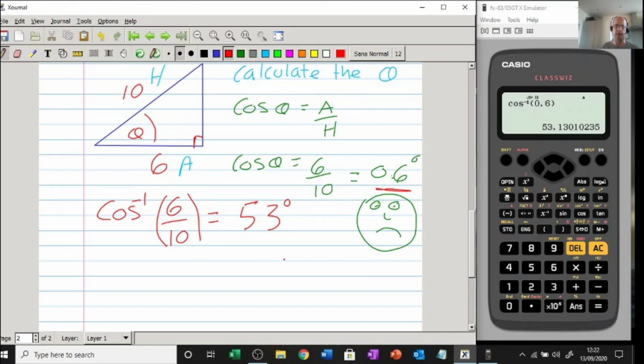So all I've done there is I've just put, let me rub that out, just to show you what I really did. 6 over 10 is 0.6, so that was 0.6 in there. Or what you could do is just the same thing really. You could just do cos to the -1, 6 over 10.